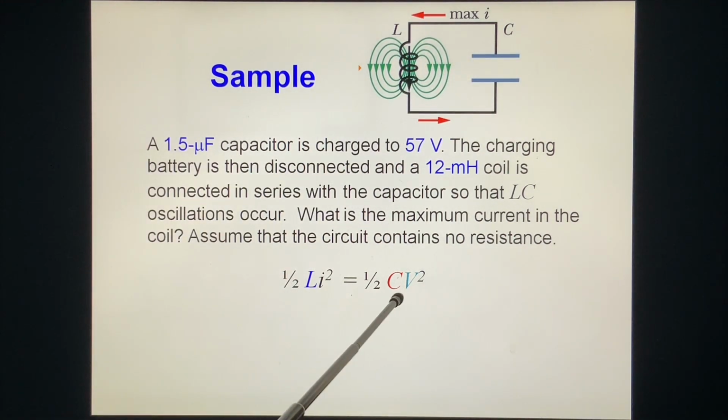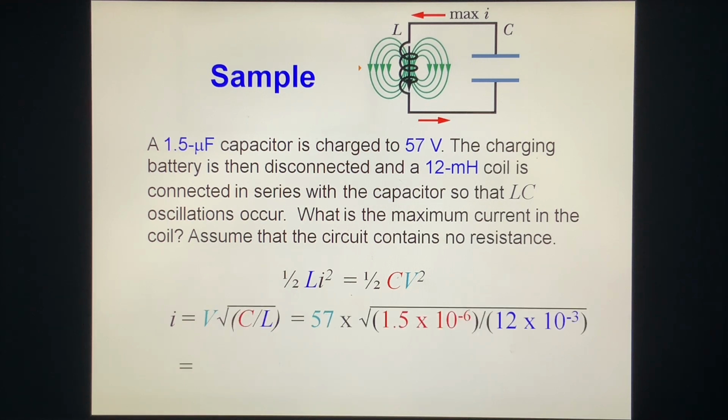This is the maximum, and this is the maximum. So what is the maximum? The 57 volts, the capacitor is 1.5 microfarad, we have L, we can find I. This is trivial.